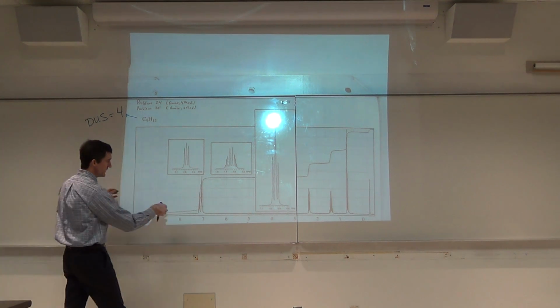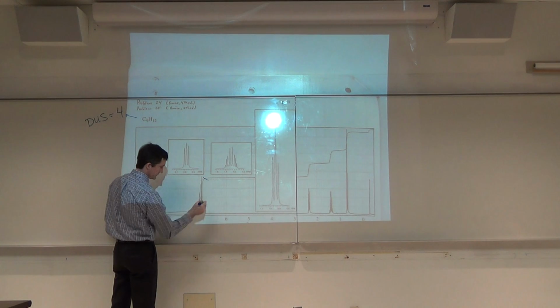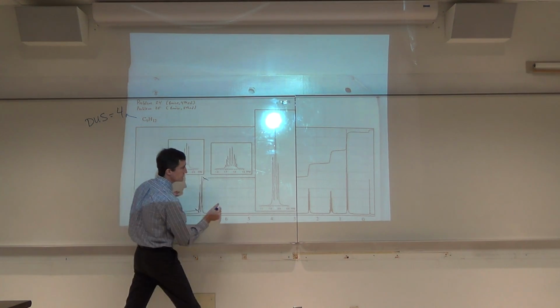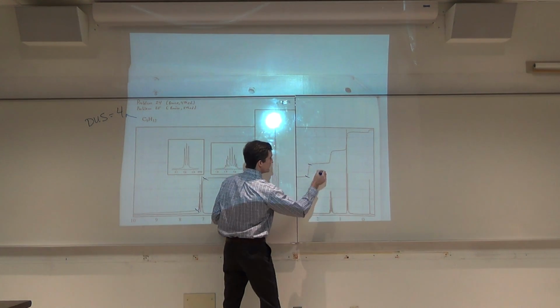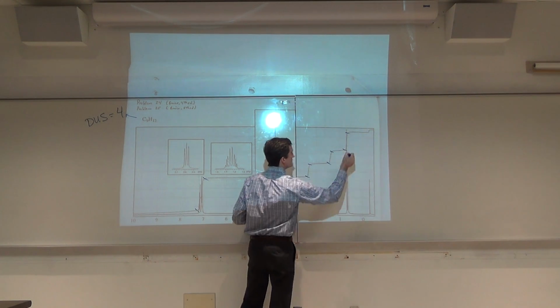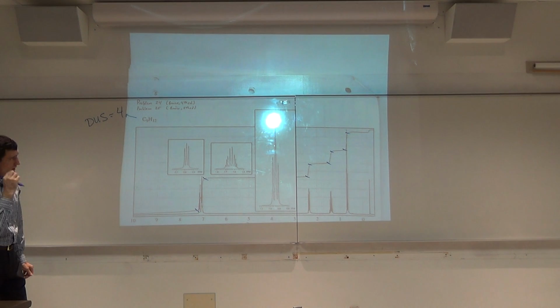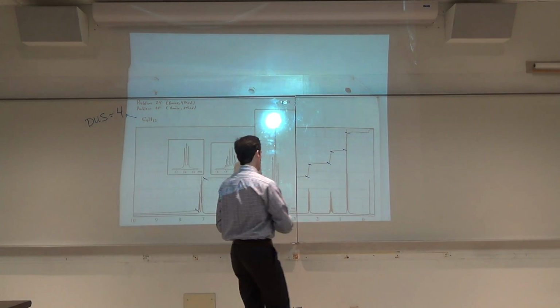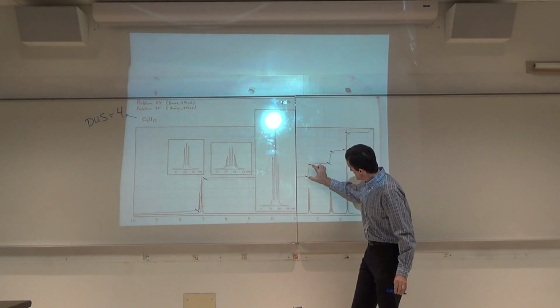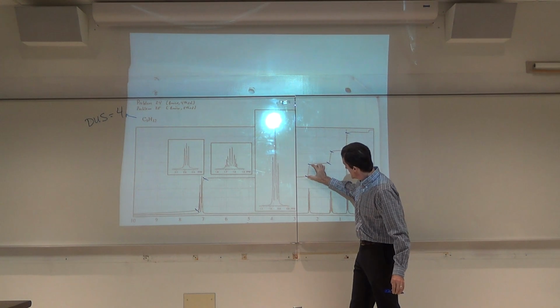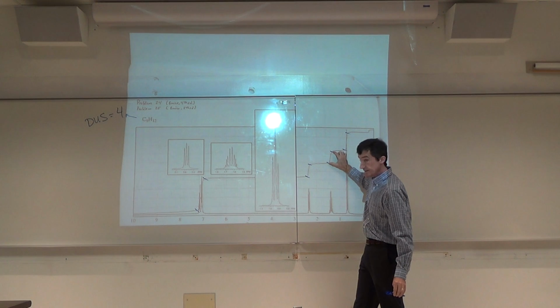Integration. We have this integral line. We can measure from where it starts to where it ends. If we do this with the old fingers here, if that's 1, how many is that? 1. It's the same.